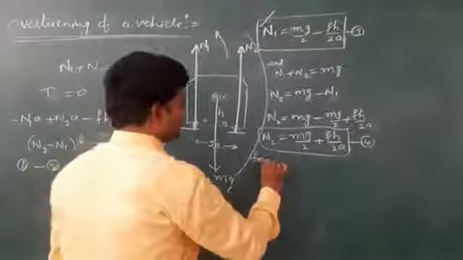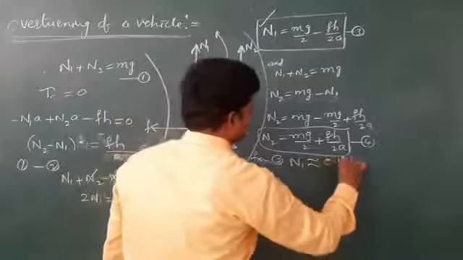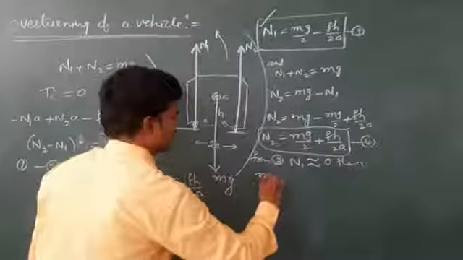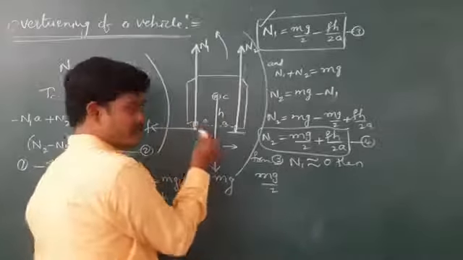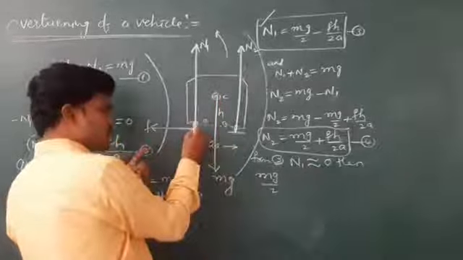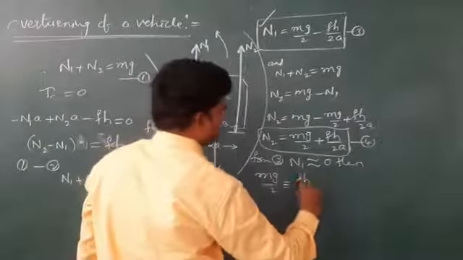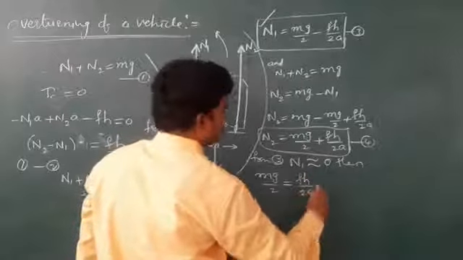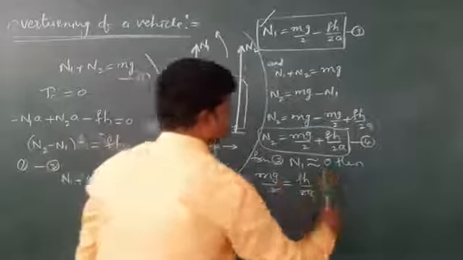So from 3, N1 is 0. If N1 is 0, then we can write mg by 2. If the vehicle loses contact here, the left tire, if it takes a right turn, if it loses the contact at this point, mg by 2 is balanced by FH by 2A. From this I am writing, and 2 gets cancelled.